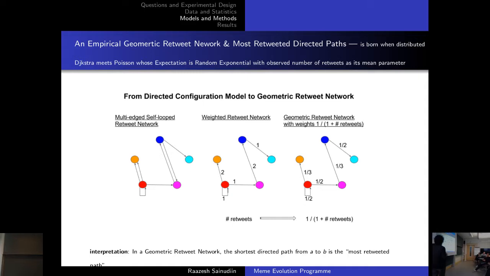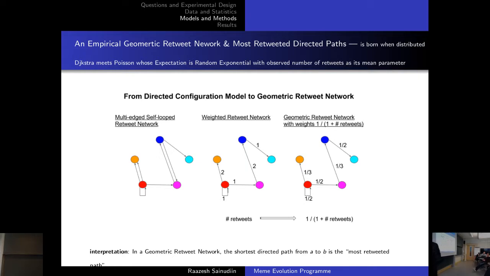I take a multi-edge self-loop retweet network and turn it into a weighted retweet network. I just put integer 2, there are 2 edges, nothing going on. Then this little magic: 1 over 1 plus the number of retweets. Big numbers become small numbers, so 2 becomes 1 over 1 plus 2.